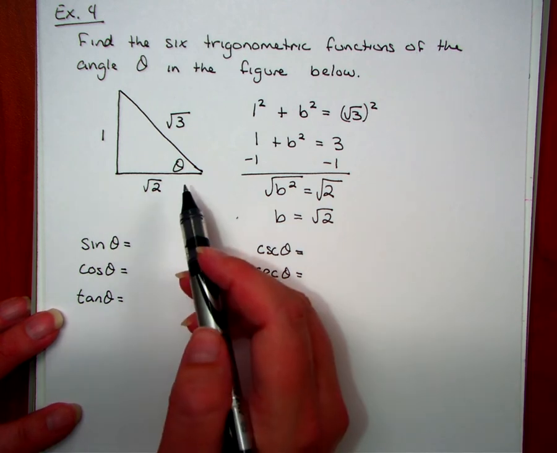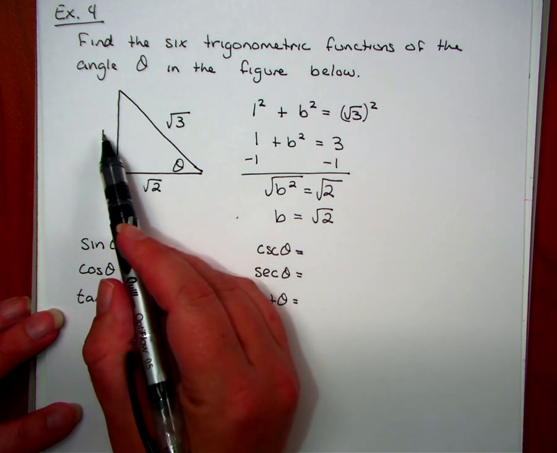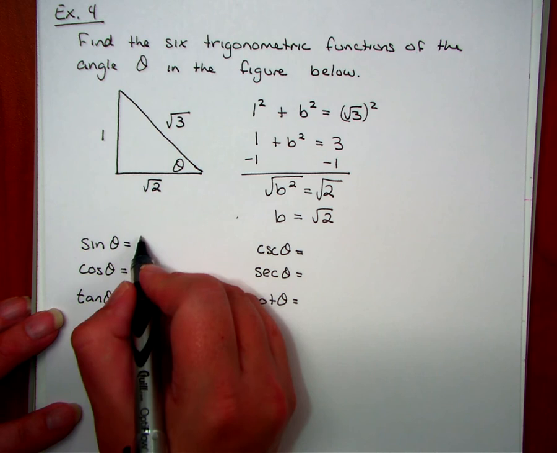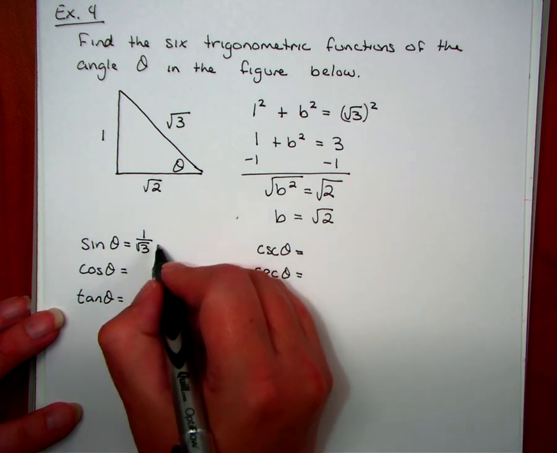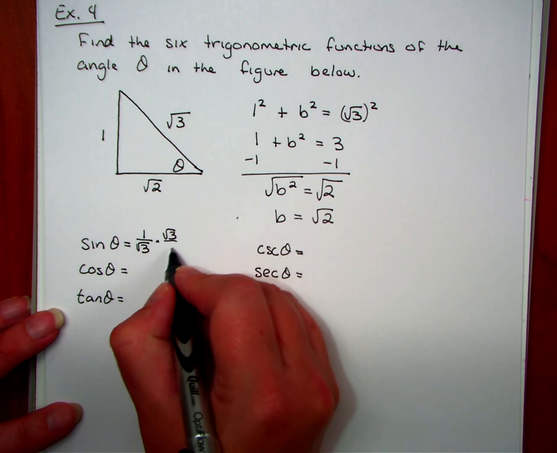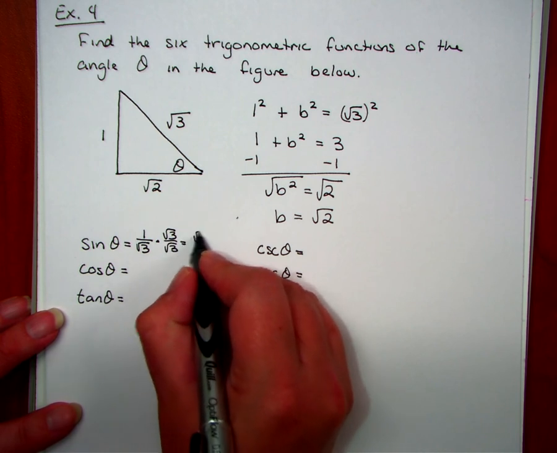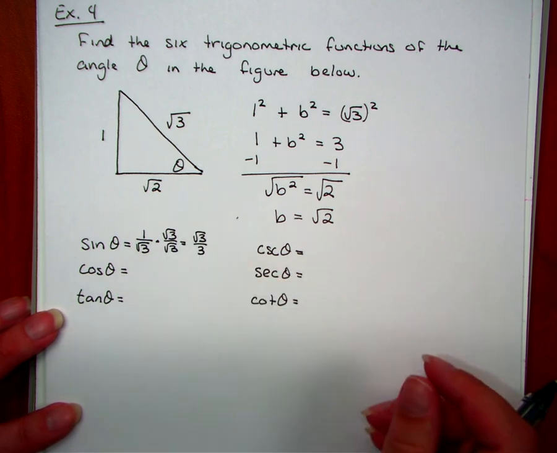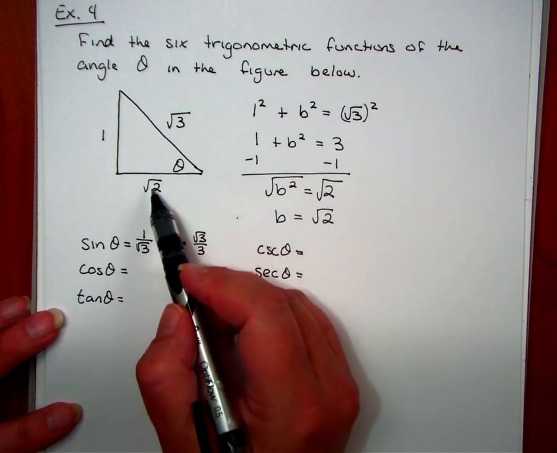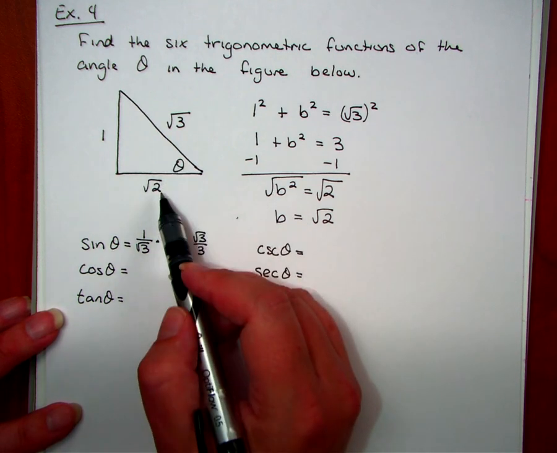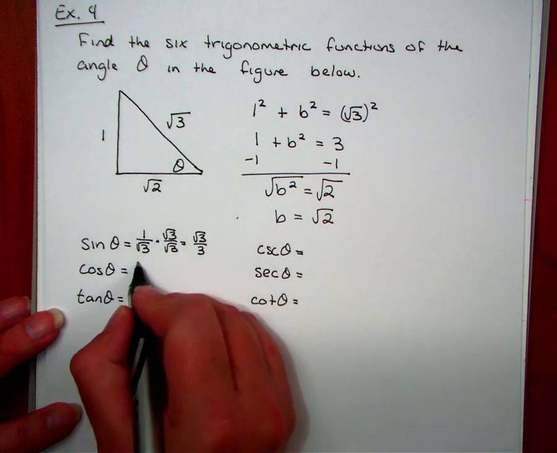So sine of theta, using our SOHCAHTOA, opposite over hypotenuse is 1 over rad 3. If I were to rationalize this, I get rad 3 over 3. Cosine of theta, the adjacent side over the hypotenuse, so we're looking at rad 2 over rad 3.